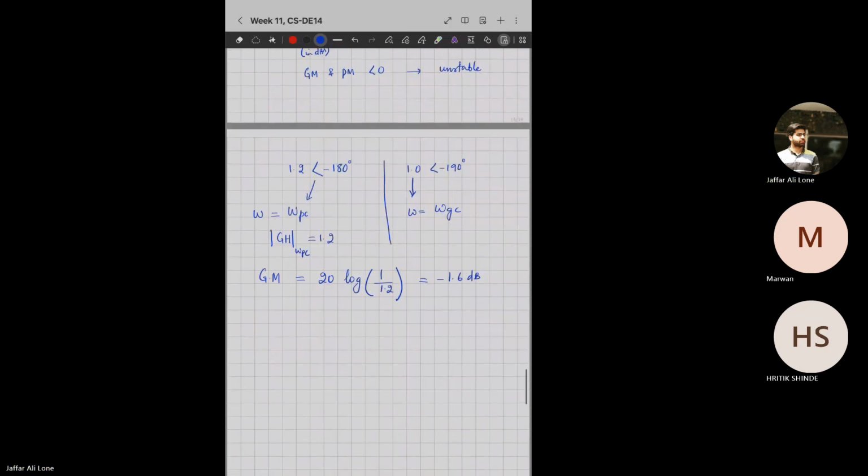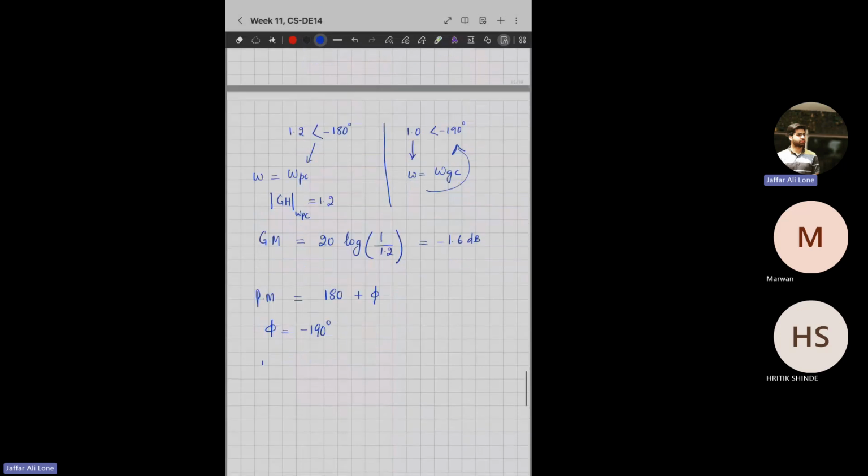Similarly, what is phase margin? Phase margin is 180 plus phi. And what is phi? Phi is the angle at gain crossover frequency. So you know phi is given as minus 190 degree. You see, here it's given in the question, phi is minus 190 degree. Means phase margin is 180 degree minus 190 degree.